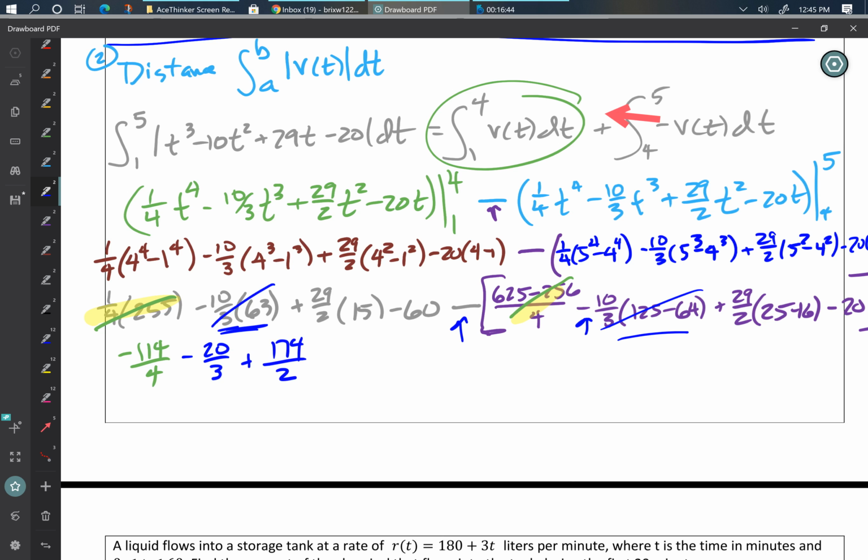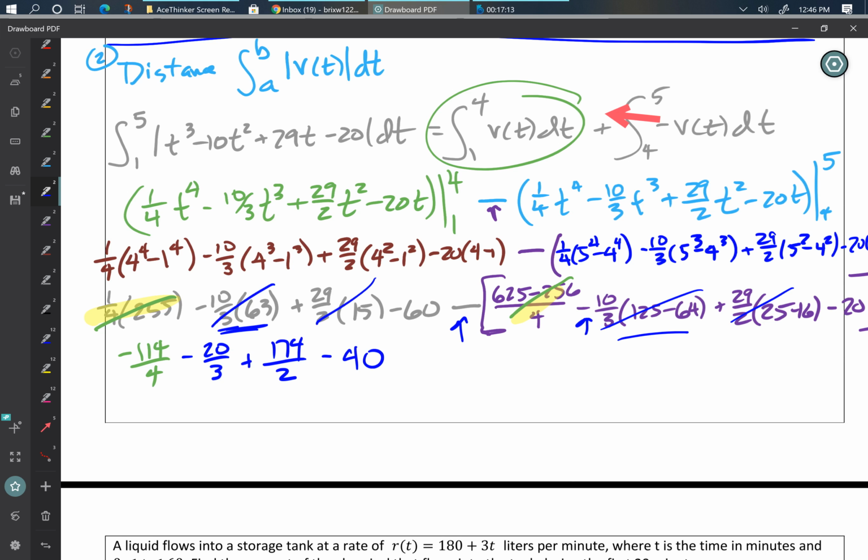Does that make sense? 29 times 15, just checking my math here, minus 29 times 9. Yeah, 174. Okay, so this is gone and that's gone. And then negative 60 and a positive 40, so negative 40. So negative 60 and a positive 20, negative 40.